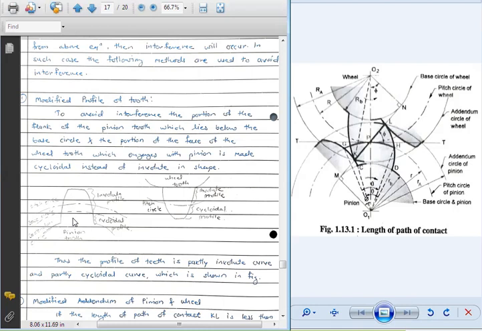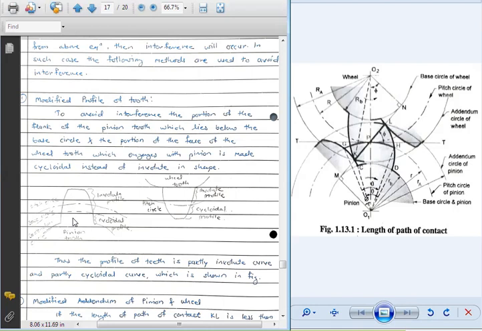So by having the partial curve, we may ensure that there won't be interference, and as there is no interference, there will not be undercutting. Are you getting me? There will not be any sort of undercutting.